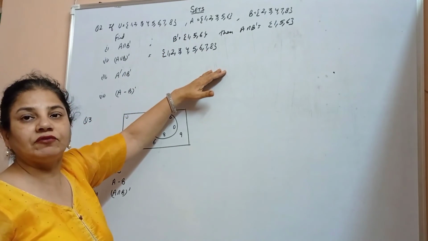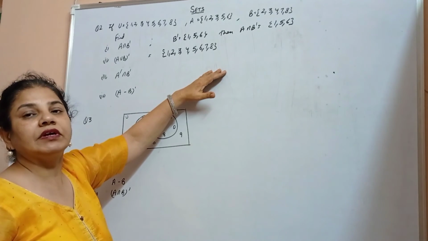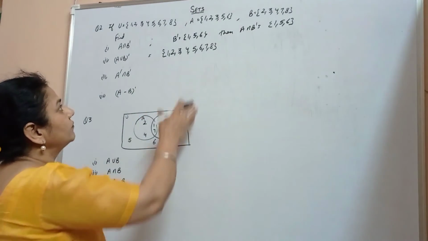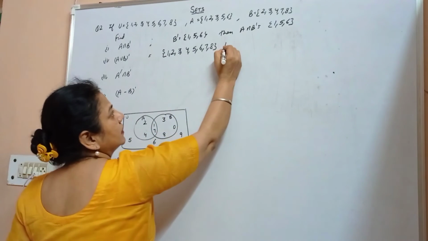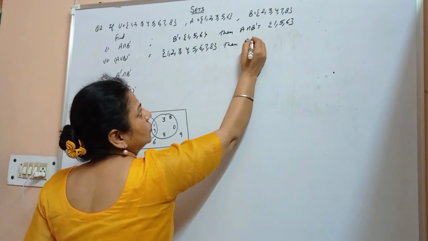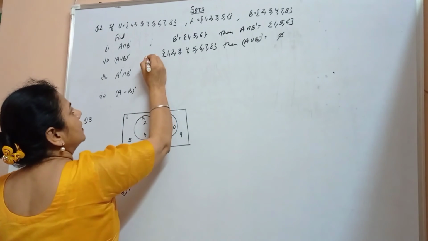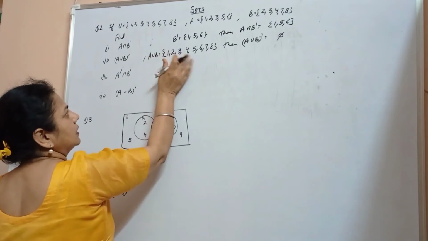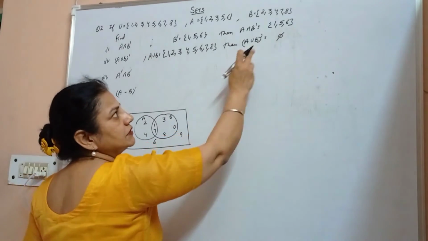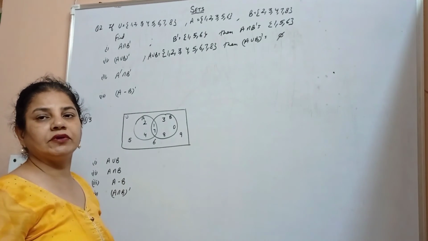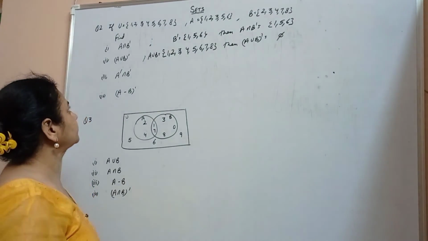And whenever we have to calculate the complement, we take the complement with respect to the universal set. And here, with respect to the universal set, A union B complement is the empty set, because A union B is equal to the universal set. So the complement of the universal set is the empty set.